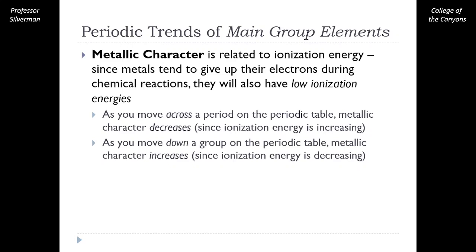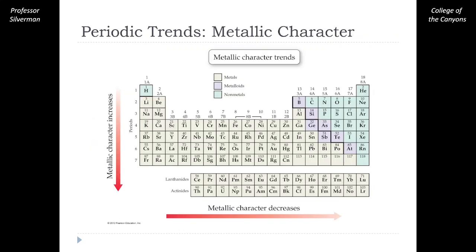The trend for metallic character, therefore, has to be the opposite of our trend for ionization energy. As you go down, as you go to the left, that is where you have more metallic elements.